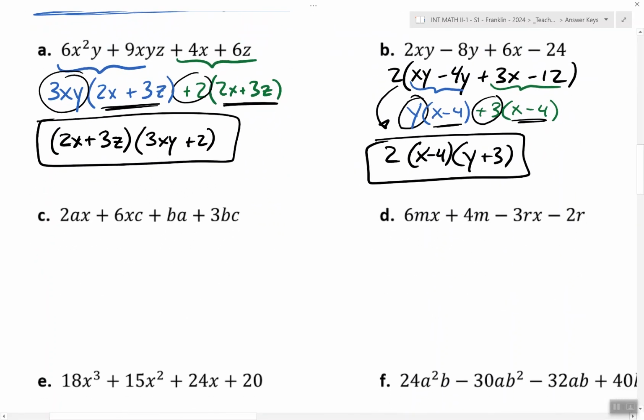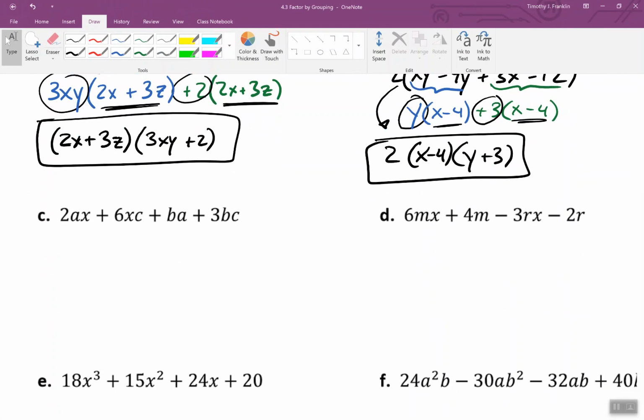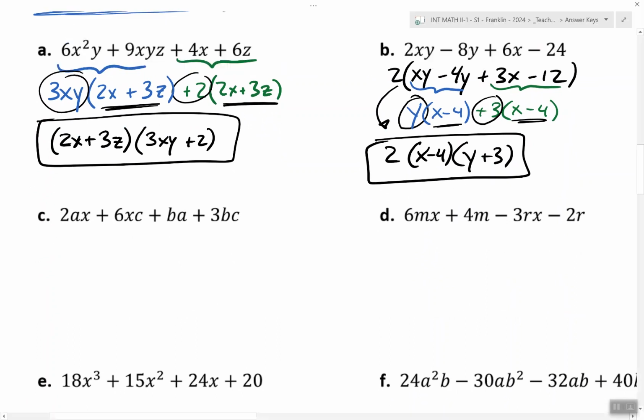Example C. First, again, look for an overall GCF. I don't think there is one here. So we can just start factoring by grouping. From the first two, we can take out a 2 and an x, leaving a plus 3c.